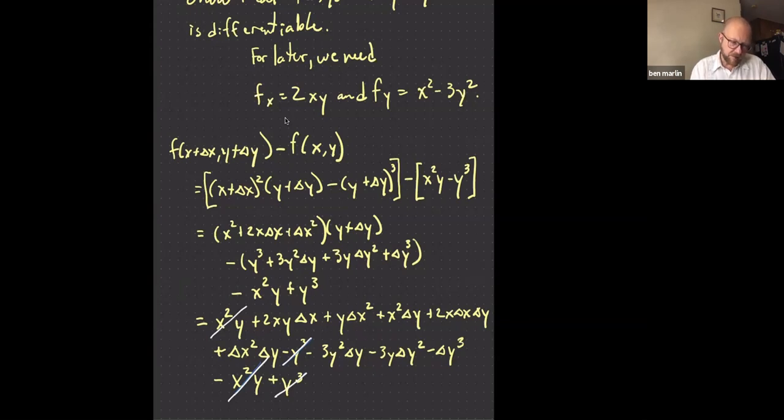Remember that f sub x was 2xy, and we need an f sub x times delta x. And if we look to see what we've got going on there, nothing else has just a delta x for a factor of it.